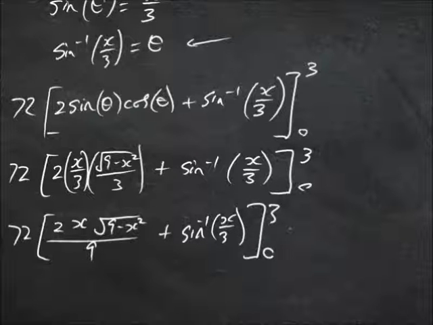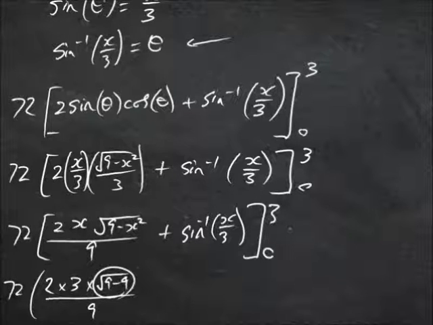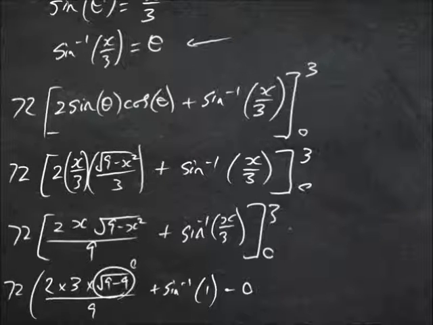So now we can finally substitute. So this would be 72 outside of 2 times 3 times square root of 9 minus 9 over 9, so that's a 0, plus inverse sine of 3 over 3, which is 1. Now we sub in 0 here, we'll get a 0, 0 here, we get sine of inverse sine of 0, which is 0.